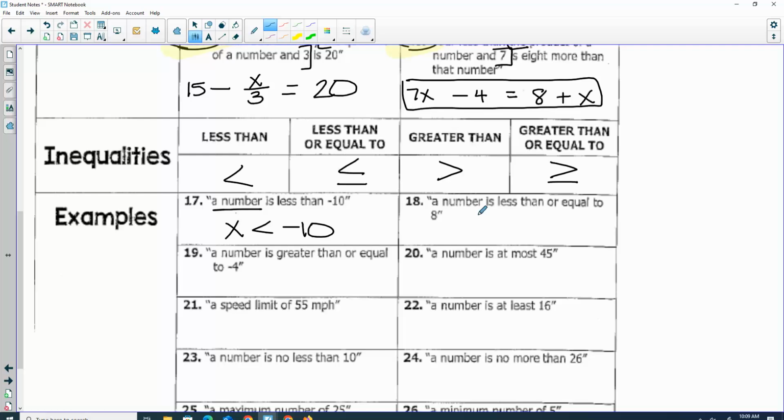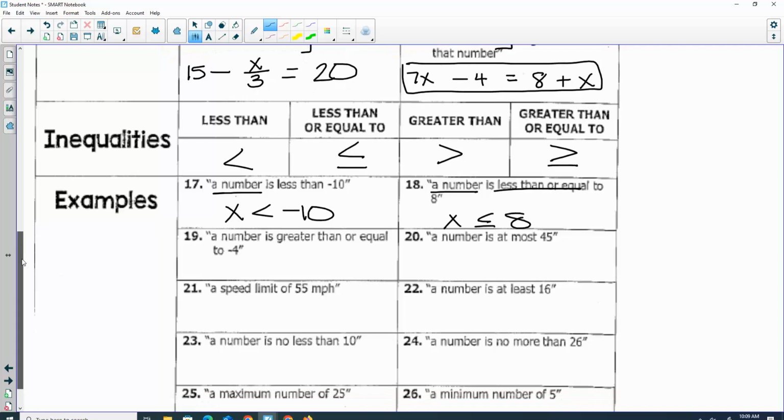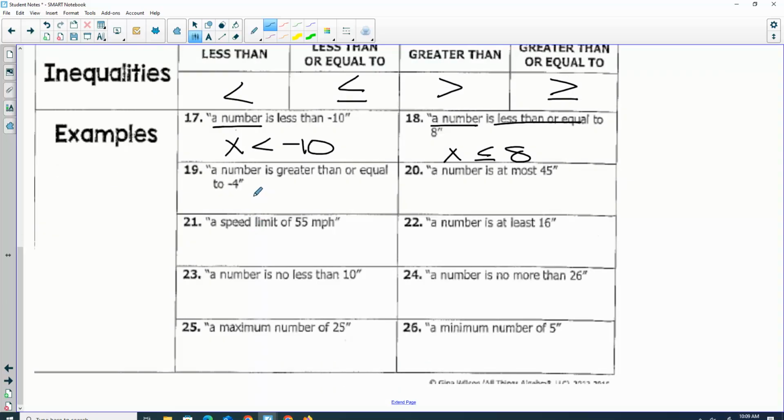Number 18, a number, so a number is x, is less than or equal to, so we do the less than or equal to symbol, 8. Number 19. A number is greater than or equal to negative 4.